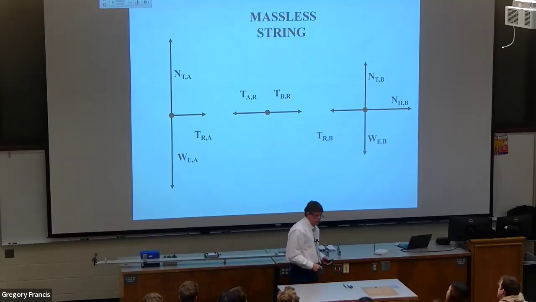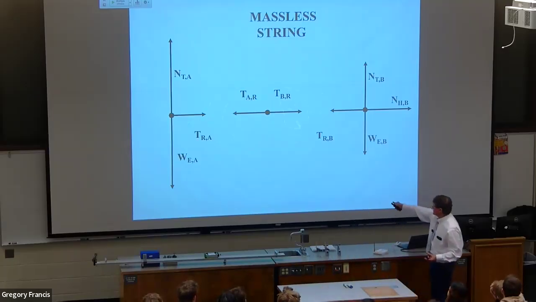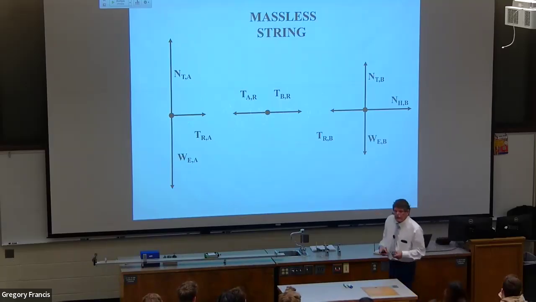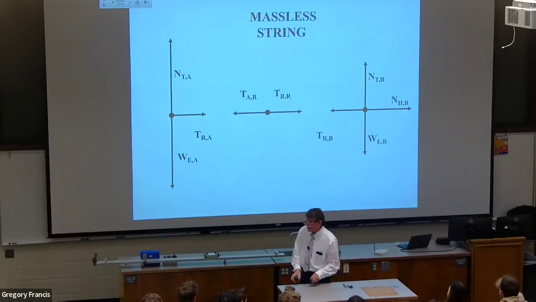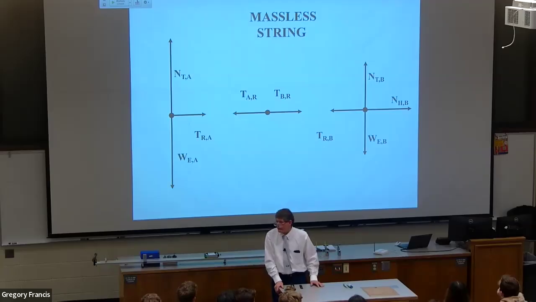It doesn't have to be 0. It can be 1,000,000 newtons on this side as long as it's 1,000,000 newtons on that side. Now, this approximation of a massless string makes sense. Usually the string is pulling a heavy block and the mass of the block is so much bigger than the mass of the string that it doesn't make sense to worry about the mass of the string.